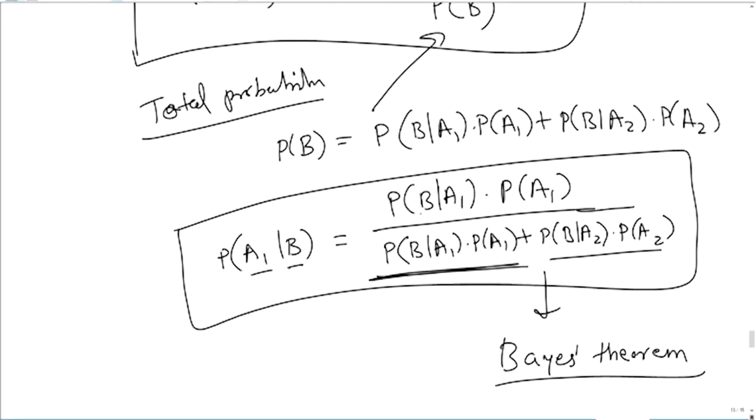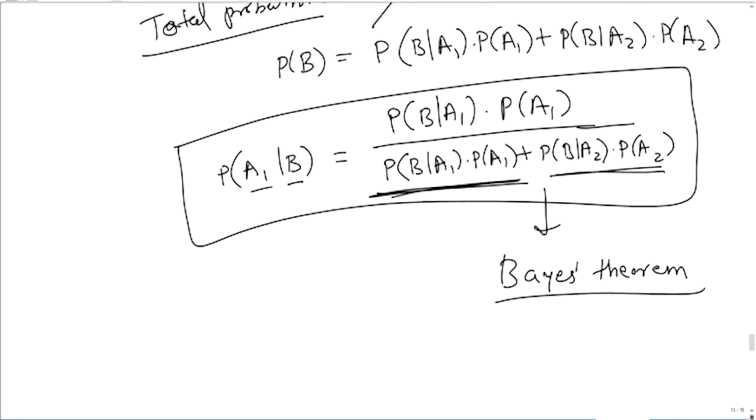Remember the same numerator term, probability of B given A1 into probability of A1, is repeated in the denominator, but for each mutually exclusive and exhaustive event. So if you have 6 mutually exclusive exhaustive events, it would repeat 6 times: A1, A2, A3, A4, A5, A6. So that's your Bayes theorem.